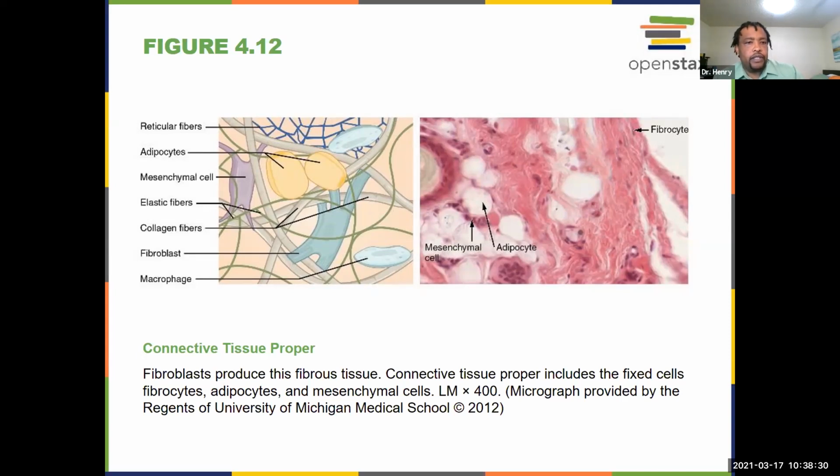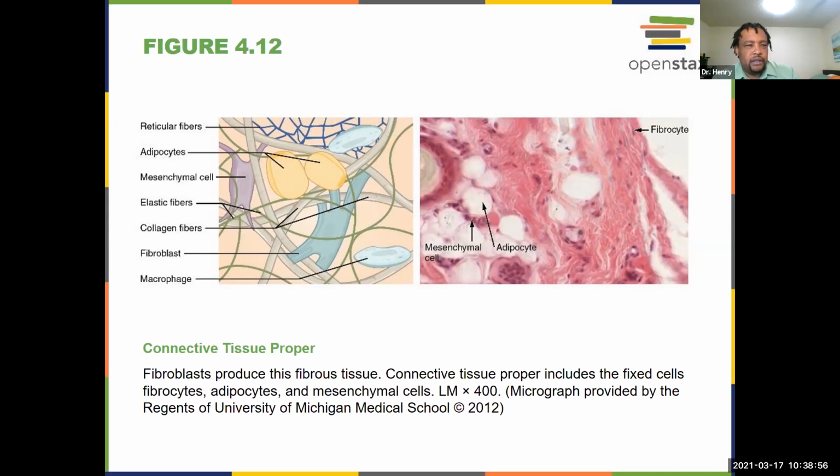So it's made up of all these different types of cells. The tissue is not going to be made of a single cell type. In most cases, our tissue is made up of different cells that work together as a unit to do a certain type of function for that particular tissue.